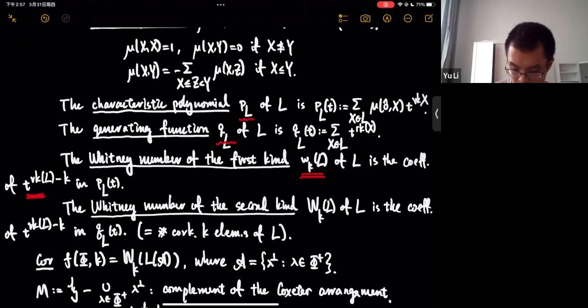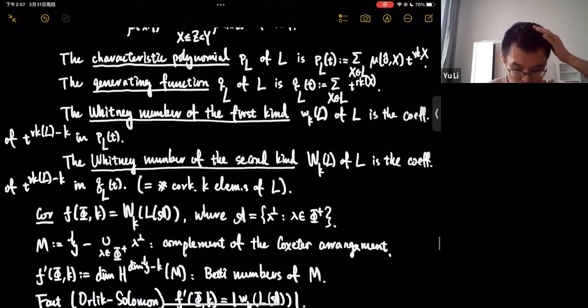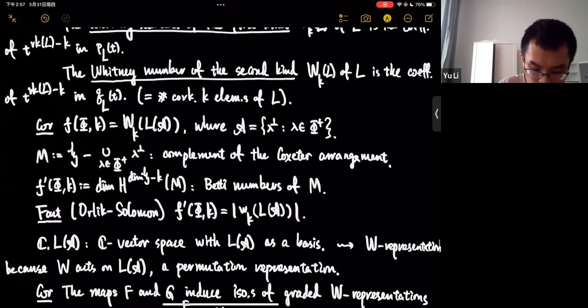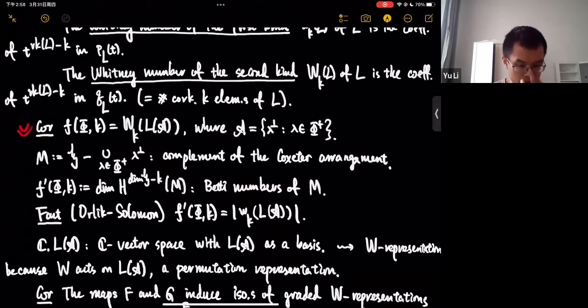And then the Whitney numbers of the second kind, denoted by capital W of k, to be the coefficient of the same power of t inside the generating function. Okay, then I guess as a corollary of what I said, and maybe a consequence of the definition of the Whitney numbers, the number of codimension k cells inside H bar is equal to the kth Whitney number of the second kind of the intersection lattice.